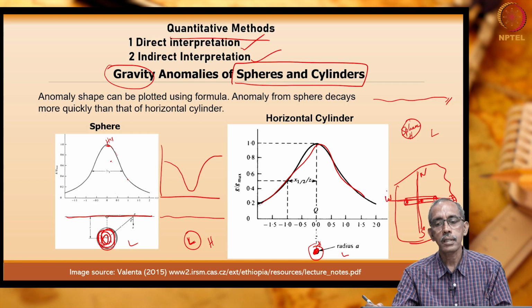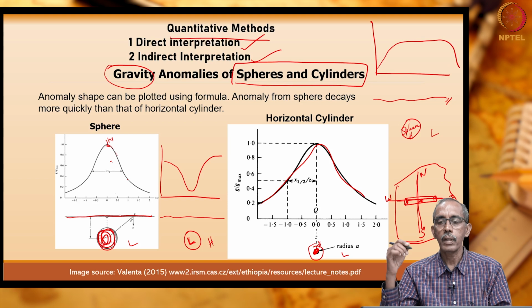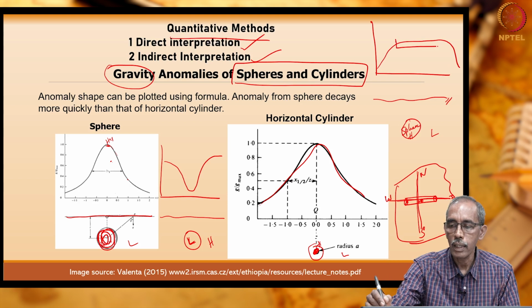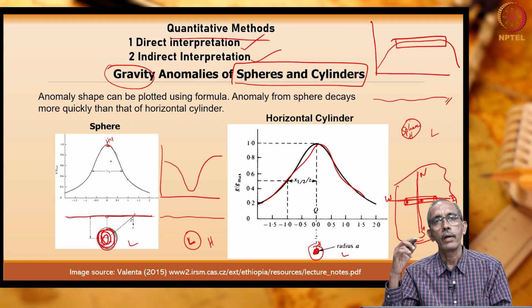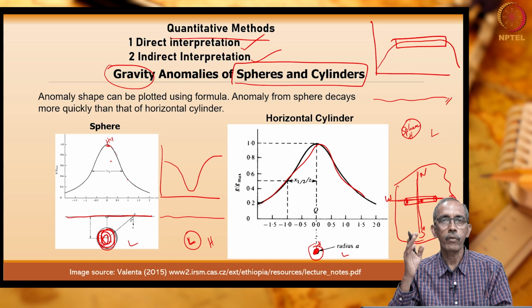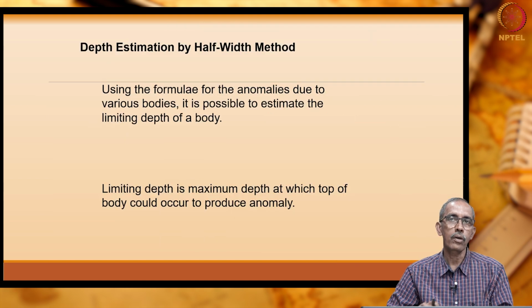When you do such a survey, your profile will look something like this, isn't it? Because this approximately indicates the length of the cylinder. So, we will be able to distinguish a cylinder from a sphere by carrying out gravity profiling in two perpendicular directions. As I told you, it can be carried out in two perpendicular directions.